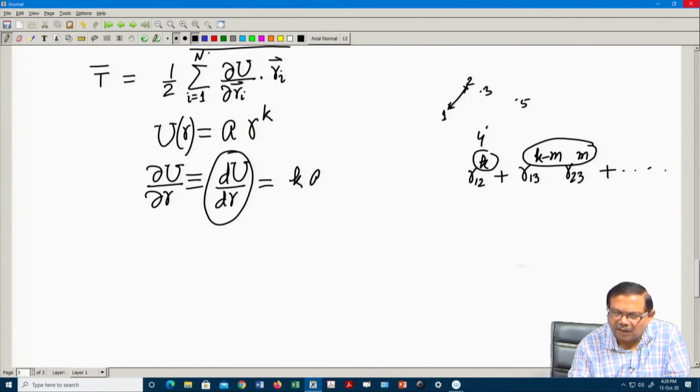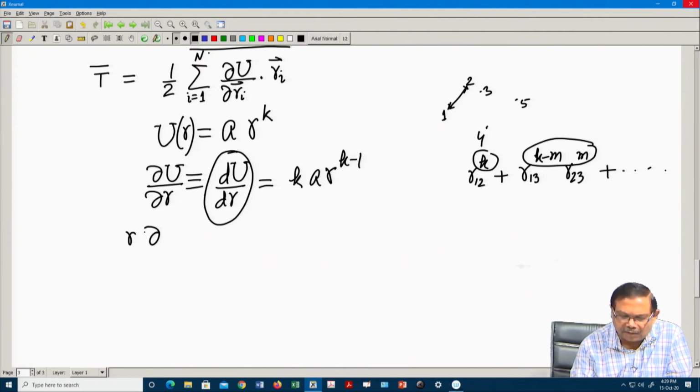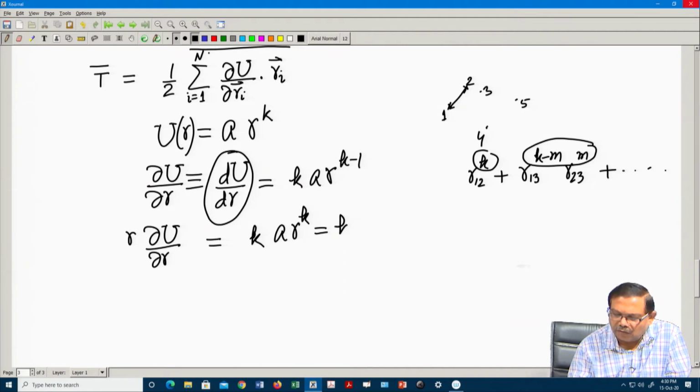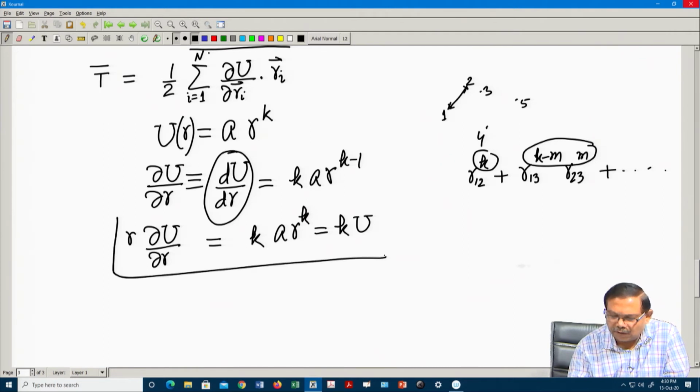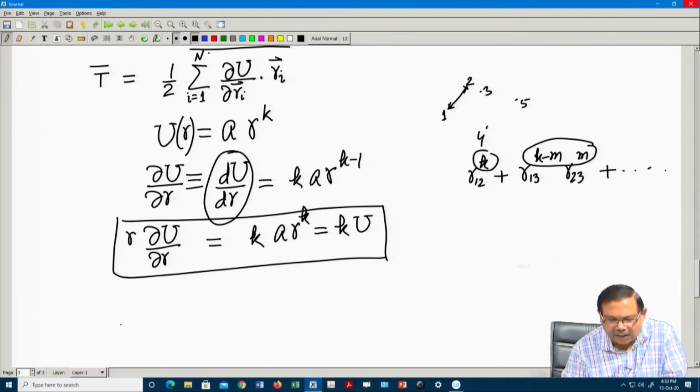K times a r to the k minus 1, and if I multiply dou u dou r with r, then I will get k times, and since I multiply with r, it would be r to the k, so it would be k times u. So, for one variable you see this is the behavior, but this is the general behavior as long as the potential energy is a homogeneous function of degree k.